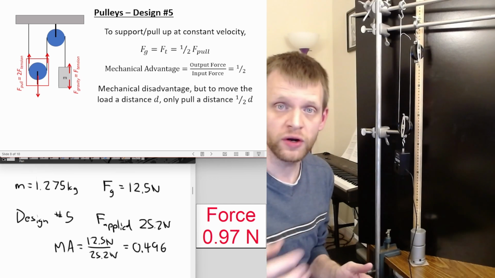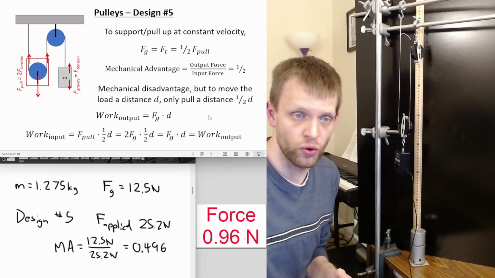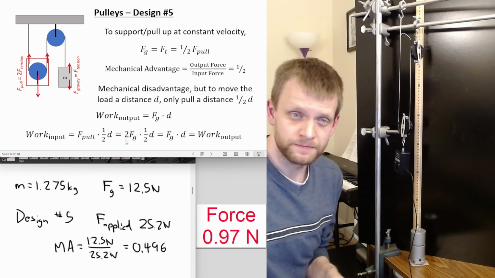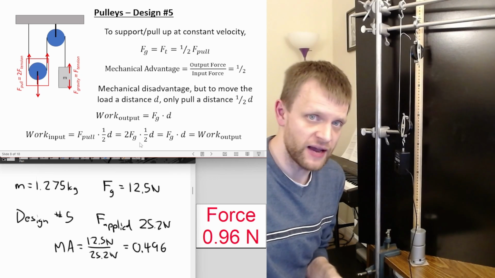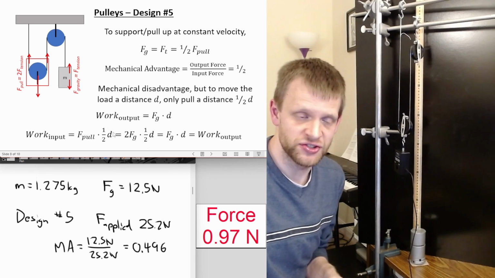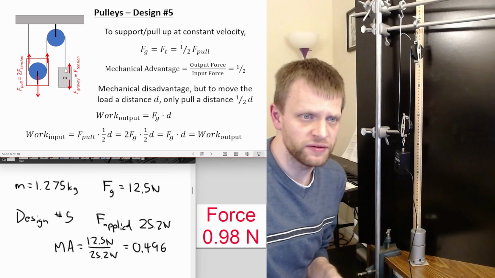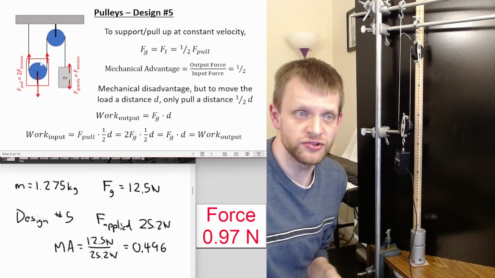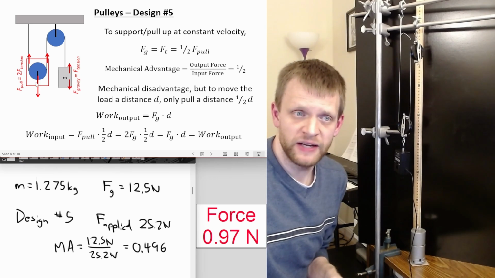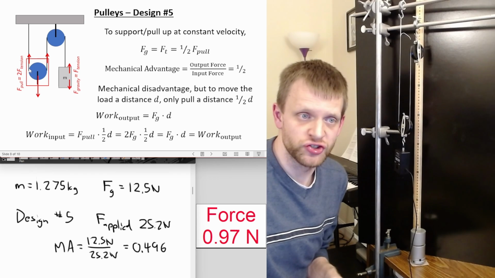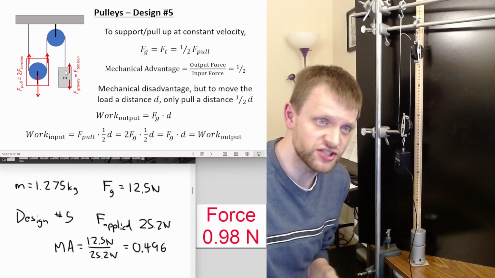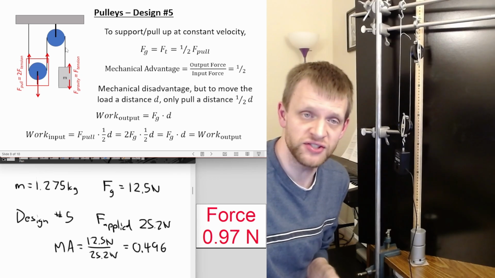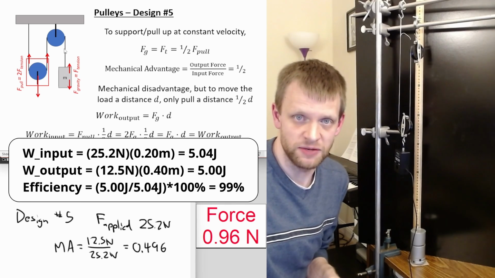In terms of the work that's being done in the system, the input work compared to the output work, well, I'm having to apply twice the output force, but I'm only having to apply that force over half the distance. Again, if I want this object to move up by, let's say, 10 centimeters, if I pull down on this by 5 centimeters, well, we get 5 centimeters extra string on this side, 5 centimeters extra string on this side, so a total of 10 centimeters of the string would be removed from this side, moving this thing up that 10 centimeters.